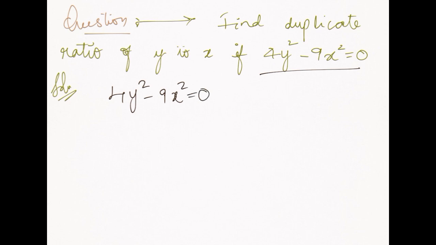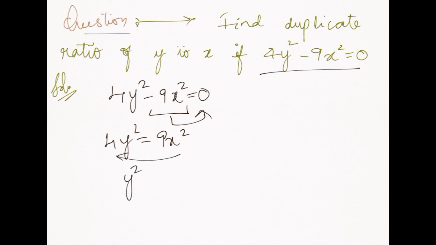I am sending minus 9x square to the RHS, which becomes plus 9x square. Now he is asking for the ratio in y is to x format, so I will keep the y here and send this x square to the LHS. So y square by x square is equal to 9 by 4.